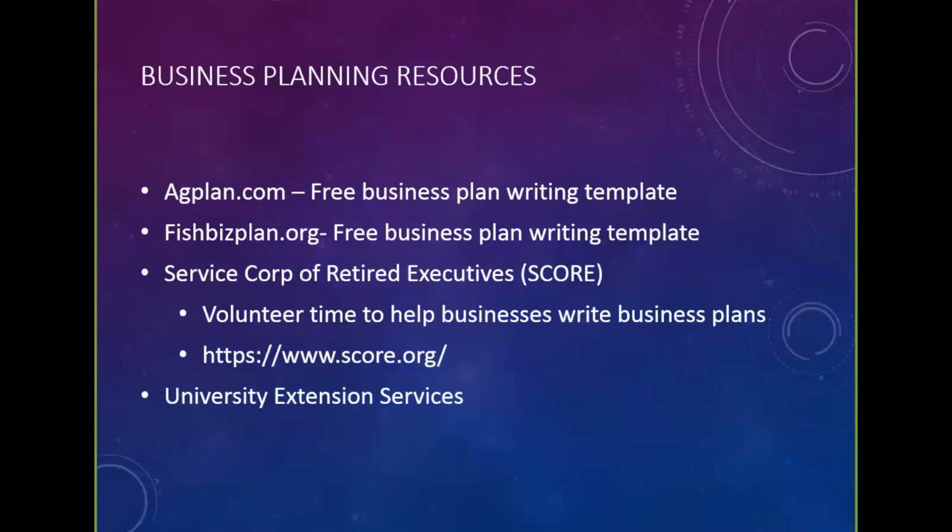You can also contact the Service Corps of Retired Executives. This is a small branch out of the Small Business Administration, and it's retired executives or business people who volunteer their time to help businesses write business plans. Their website is www.score.org.